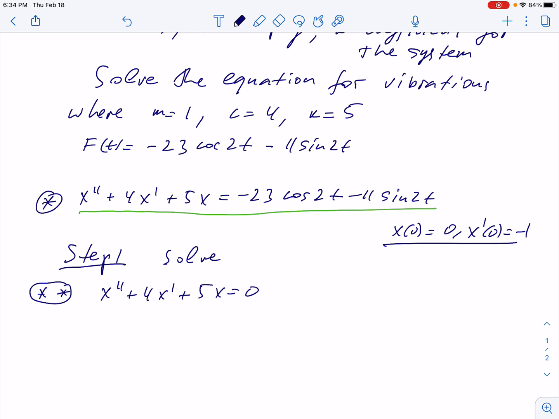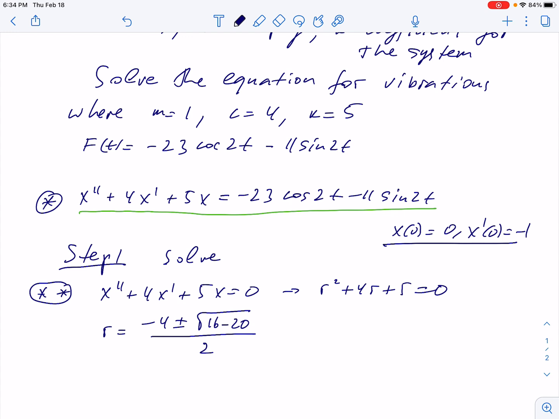Now we're solving the homogeneous equation. We go to characteristic equation. The first thing to do: r squared plus 4r plus 5 equals 0. From here, by the quadratic formula, r equals negative 4 plus minus square root of 16 minus 4 times 5, which is 20, divided by 2.